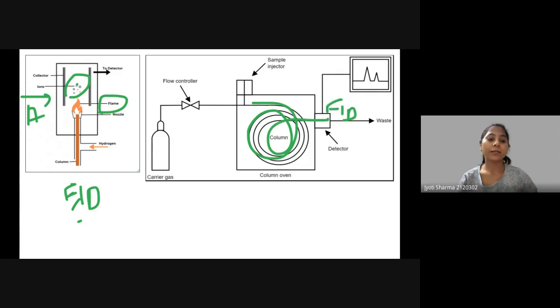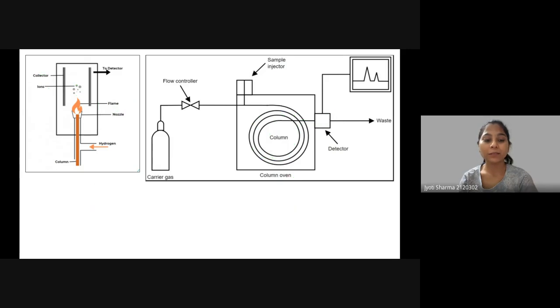And you know that we can easily burn the organic part, right? This will be converted into CO2 and C atoms, O atoms, and then ions, and that's how there will be some signal based on that. And that's why whenever we are talking about hydrocarbons, FID is the most suitable option that we can have.